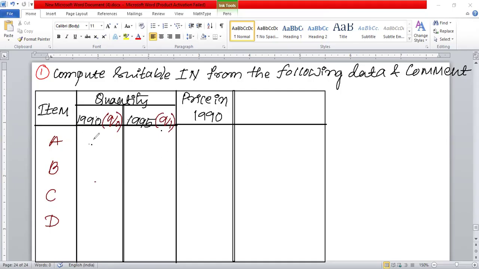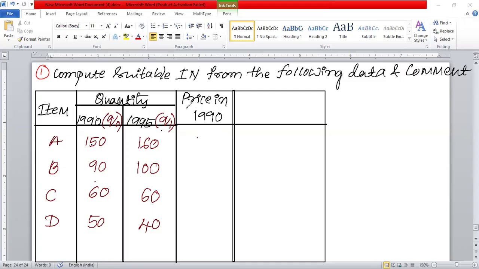Q naught is 150, 90, 60, 50. And Q1 is 160, 100, 60, 40.